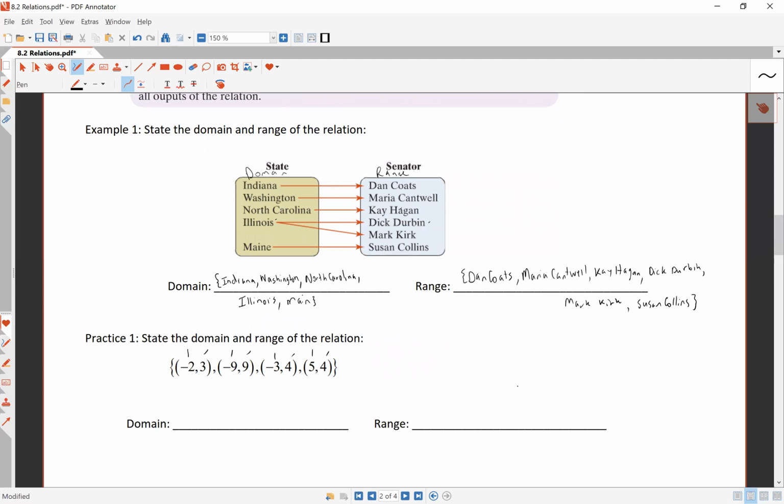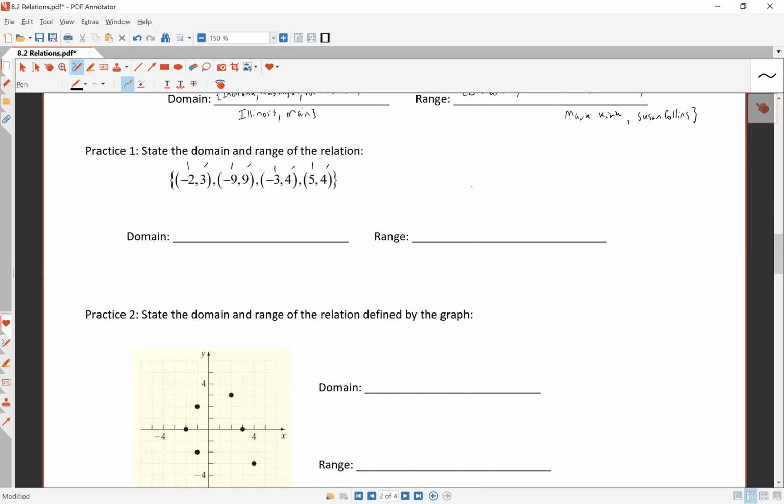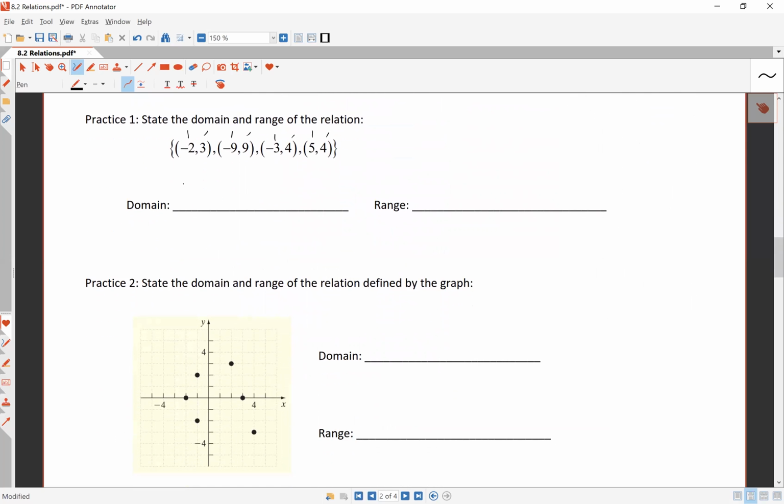And now that you've had a chance to work this out, the domain is going to be -9, -3, -2, and 5. -9 is the smallest one, -3 is the next smallest, then -2, and then 5.